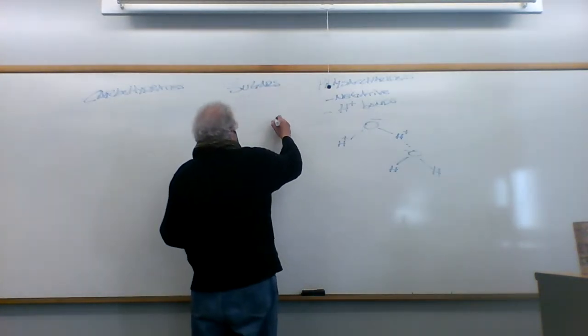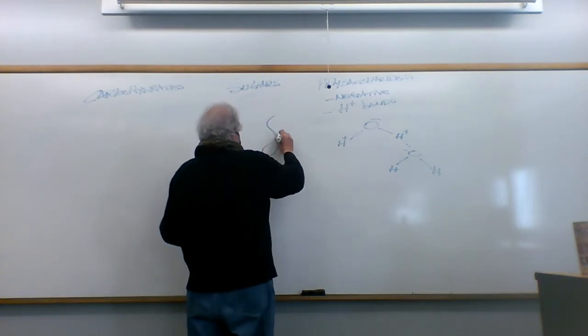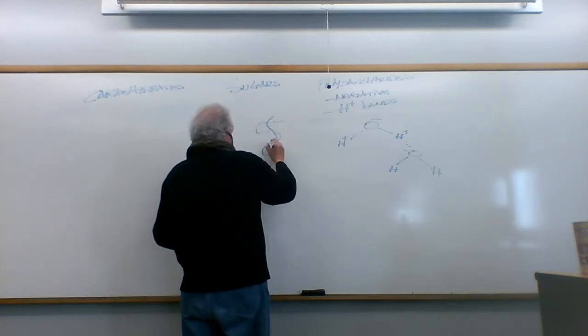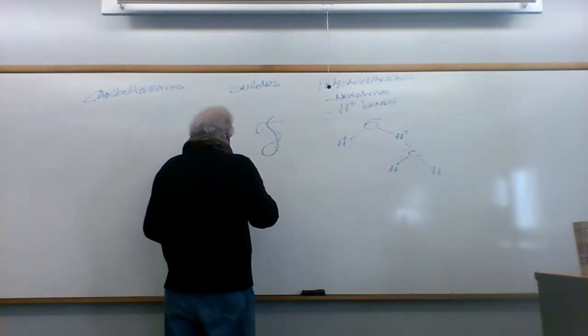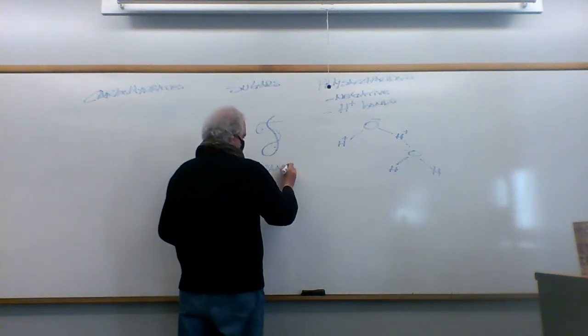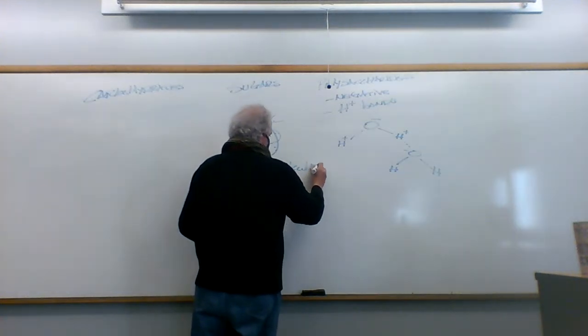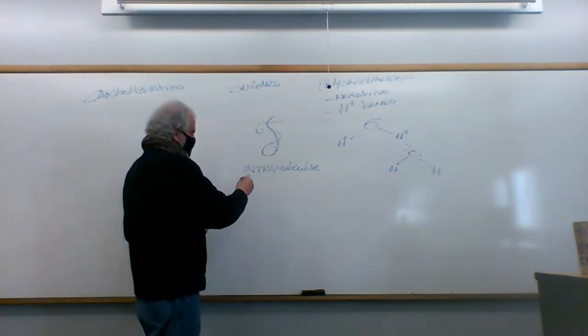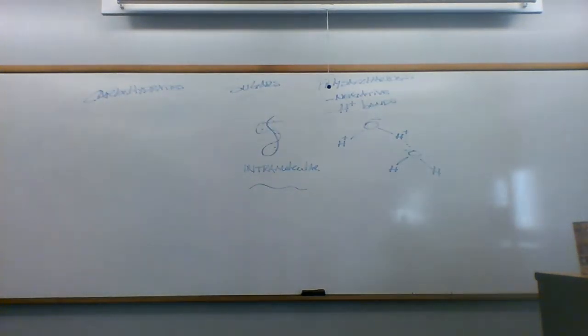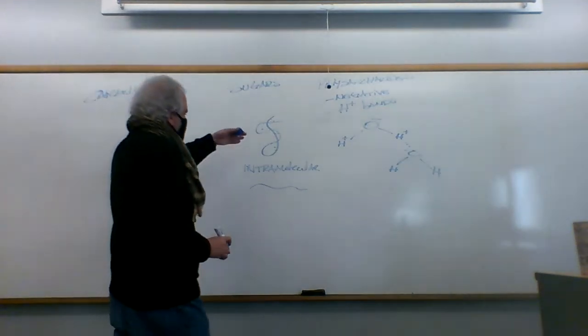So the idea is that we go from a long chain carbohydrate that has internal hydrogen bonds, that is within the molecule, or intramolecular, and then when we heat it, we have the intramolecular hydrogen bonds.